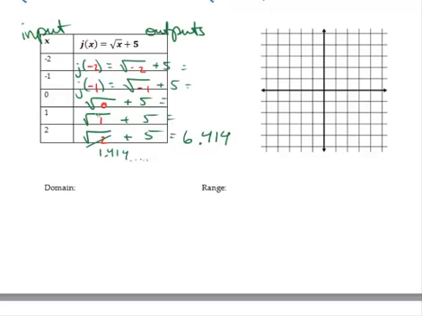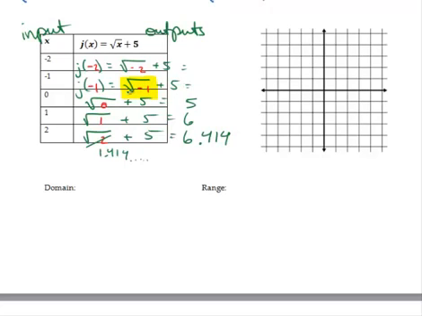Square root of 1 is just 1, so 1 plus 5 is 6. Square root of 0 is 0, so 0 plus 5 is 5. Now when we get to this one, this is weird, right? Look at this. Square root of -1. We remember back from Algebra 1 that you can't have negatives under your square root. It's not possible.